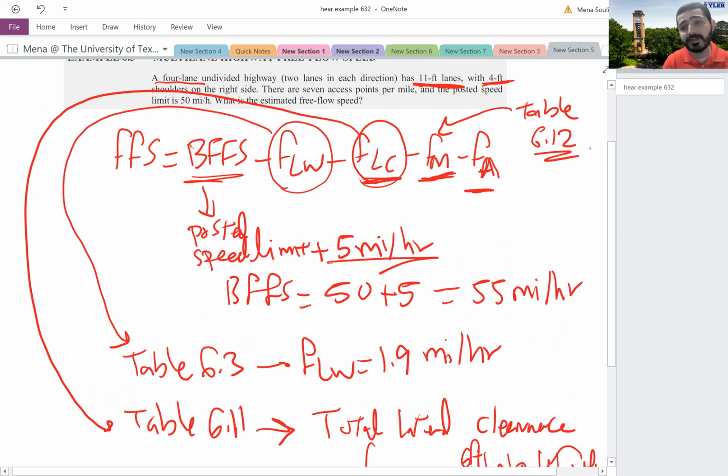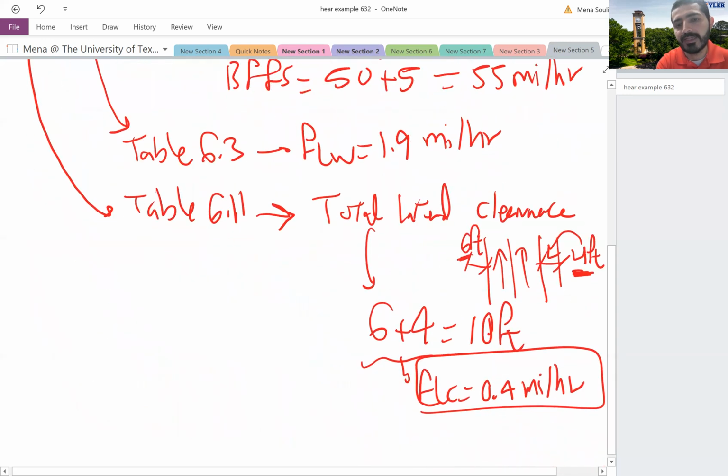It's a very simple table, and it has two options, whether it's an undivided highway or a divided highway. If it's divided, there is no correction factor; FM is equal to 0. If it's undivided, like in our case, the reduction will be 1.6. FM will be 1.6 miles per hour. All right.